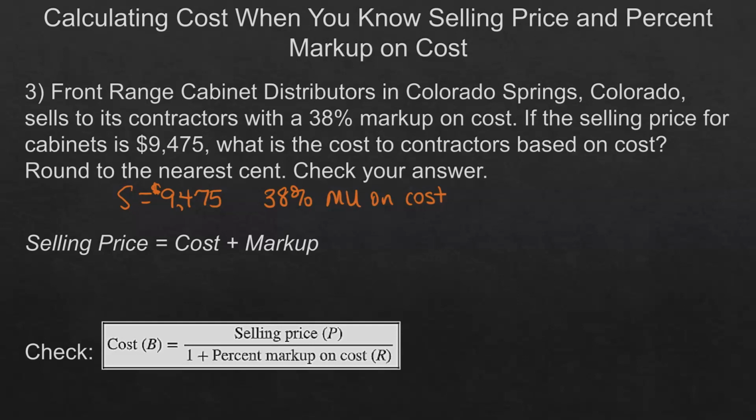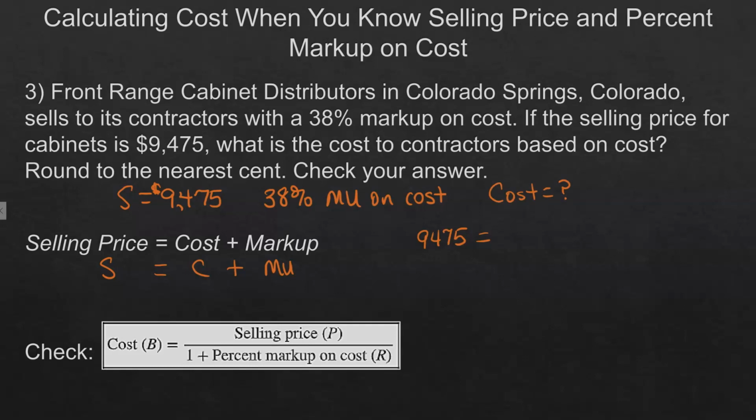Okay, so now we're going to set up an equation. So my equation is this: selling price equals cost plus markup. So let's go over here. Selling price is $9,475. That's going to be equal to the cost, which we don't know. That's what we're looking for. Maybe I should say that up here.